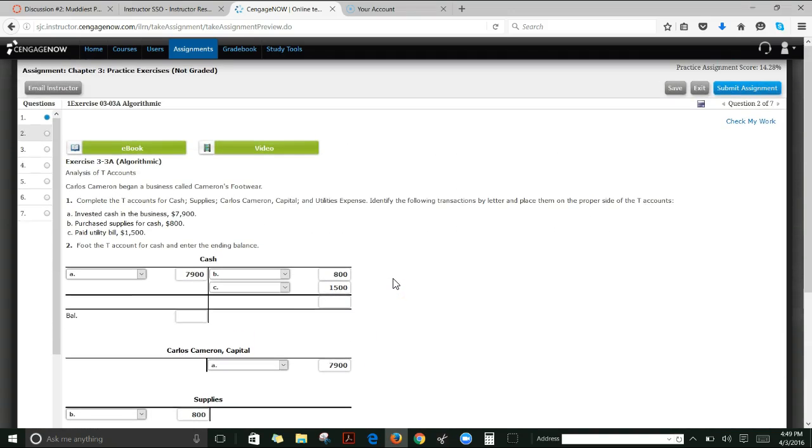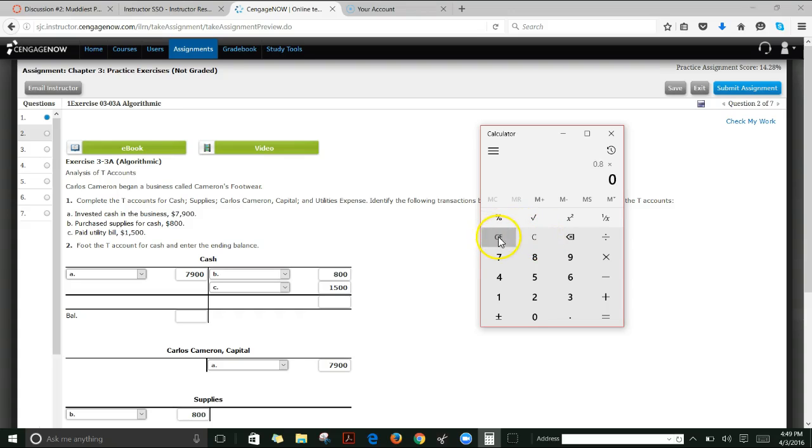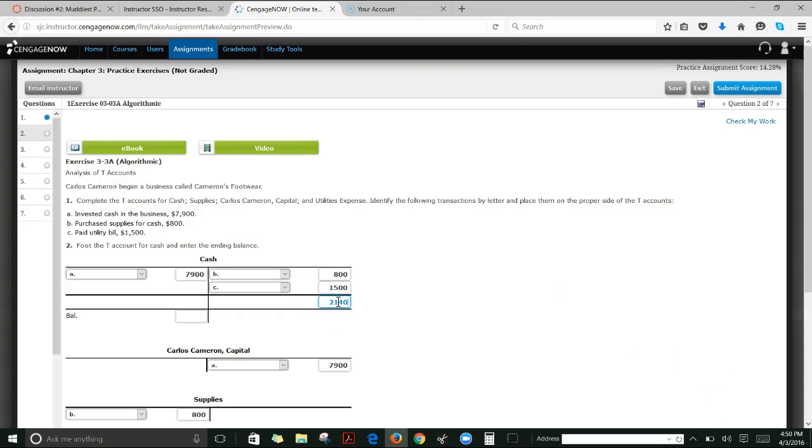And then they want us to foot the balances anywhere there's a square. I'm going to add the two credits, pull up my calculator. So I'm going to add 800 plus 1,500. And you can probably do this in your head, but you want to be sure it's accurate. 2,140.